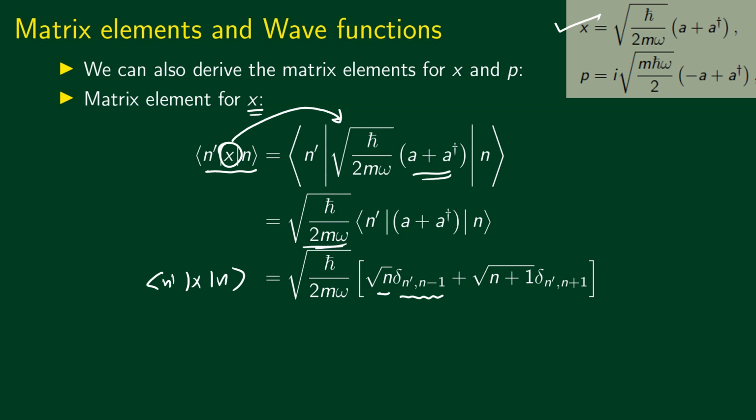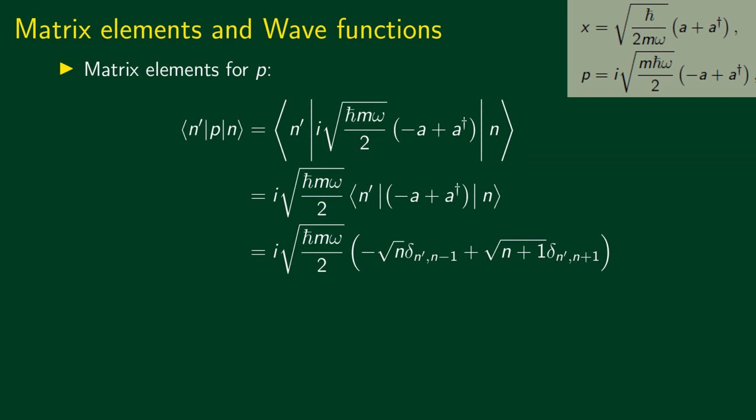In the same way, we can find the matrix elements for operator P also. The n prime n matrix element of P is given as bra n prime P ket n. We substitute P in terms of A and A dagger using this relation, and we have bra n prime, i multiplying square root of h bar m omega divided by 2, minus A plus A dagger, ket n. Again, this i square root of h bar m omega divided by 2 can be pulled out, and we are left with bra n prime minus A plus A dagger ket n.